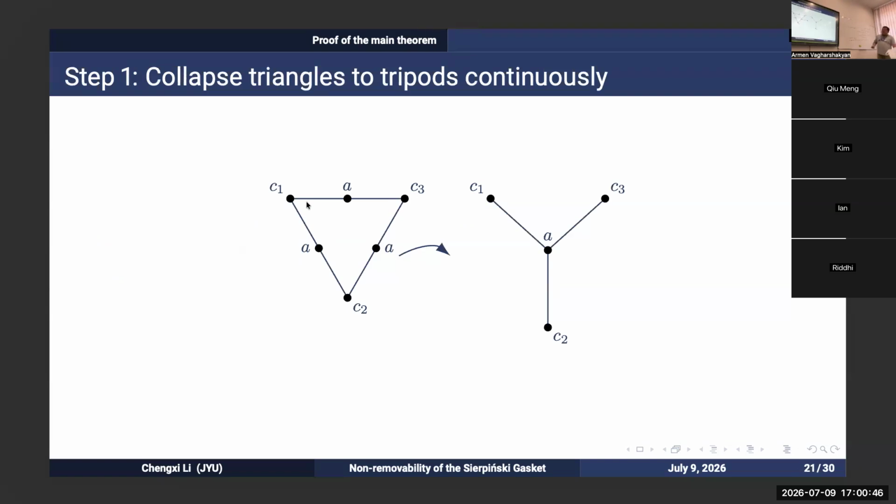The first step is to collapse the triangles to triples continuously. Here, the complementary components of the Sierpinski gasket contain infinitely many equilateral triangles, just like the left triangle.